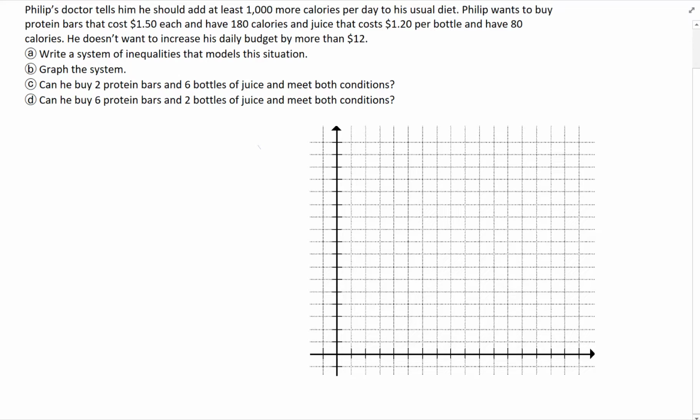There are two unknowns in this problem, the number of protein bars and the number of bottles of juice. So I'm going to let x represent the number of protein bars, and I'm going to let y represent the number of juice bottles.